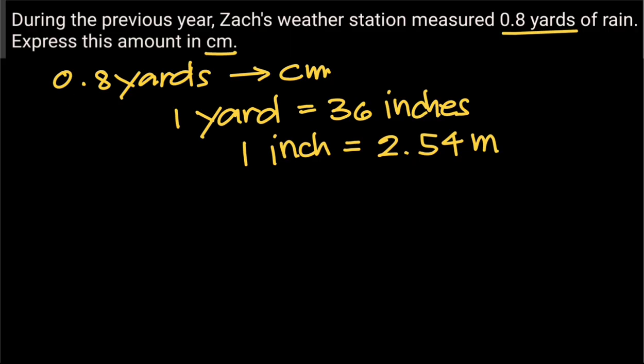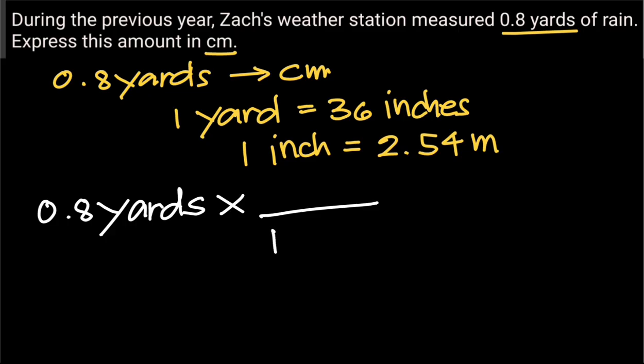So let's start with the given value, which is 0.8 yards. And then we multiply this by the ratio of the conversion factor, 1 yard is equal to 36 inches.